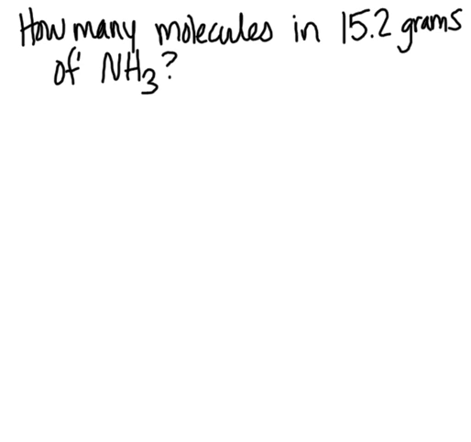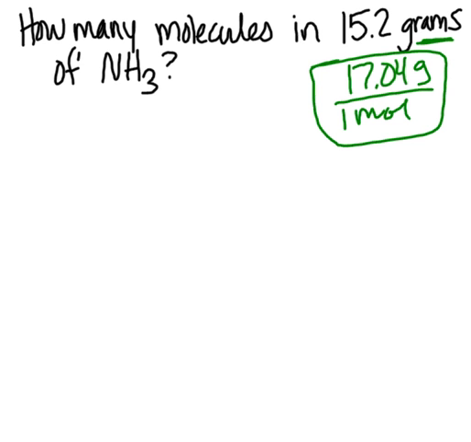Whenever grams are involved, you need the molar mass. So you look at the periodic table, you do your 1 nitrogen, your 3 hydrogens, you end up with 17.04 grams for every mole. Right, so there's my molar mass. I'll use that.